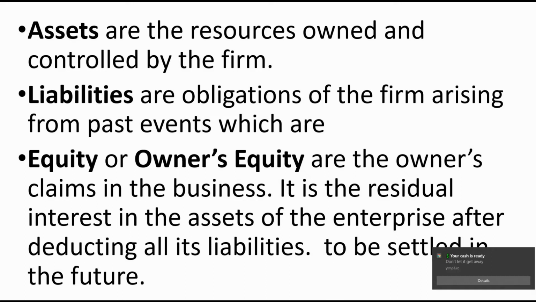Assets are the resources owned and controlled by the firm, which means the owner of the business or the business itself could only enjoy the benefit of that particular account or particular transaction, and they can prevent others from enjoying that benefit, then it is considered an asset.